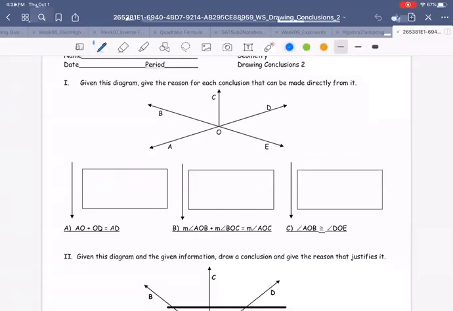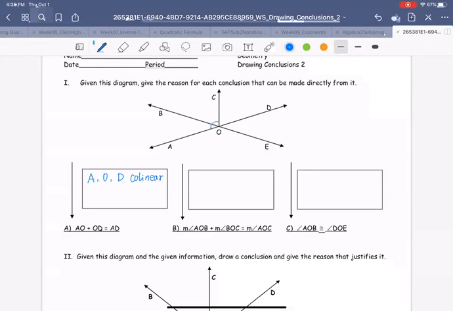You can see points A, O, D are collinear. All right? Angle AOB plus BOC equals the measure of angle AOC.